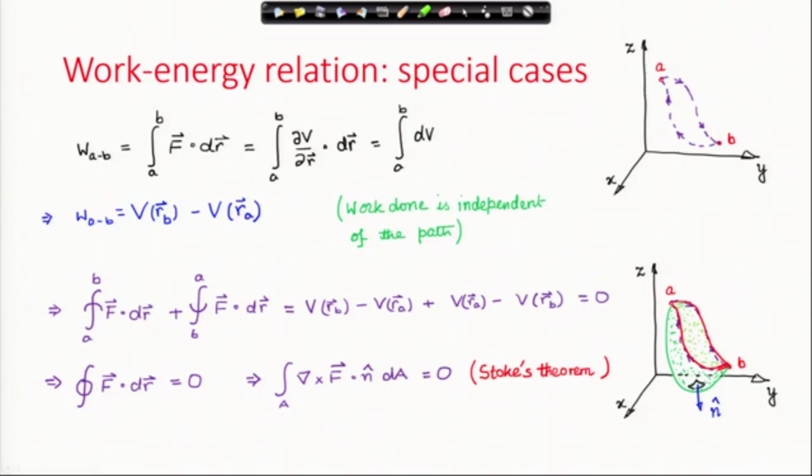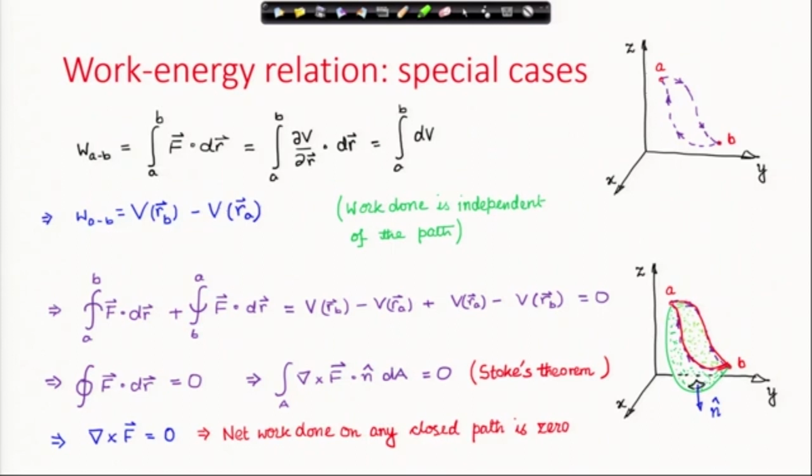If that is to be 0 for an arbitrarily chosen set of paths or arbitrarily chosen pouch, this area, then it must be true that curl of F must vanish. Therefore, if the work done by a force over a closed path in a force field is 0, then the curl of that force field must vanish.